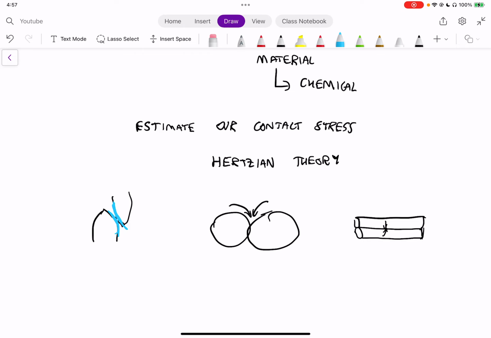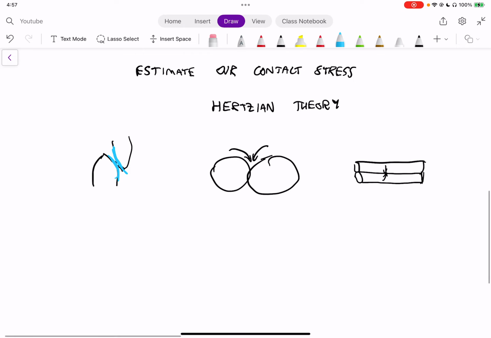Okay, so from Hertzian theory, we can recall a few equations. You might not remember all of this, and it might be extra information that you will probably not need, but I'm still going to derive a little bit of the Hertzian theory so we know where it comes from and how we can modify the cylinder length to some of the lengths associated with our gear, so at least we know how to translate two cylinders put together to a gear system so that we know what lengths we have.